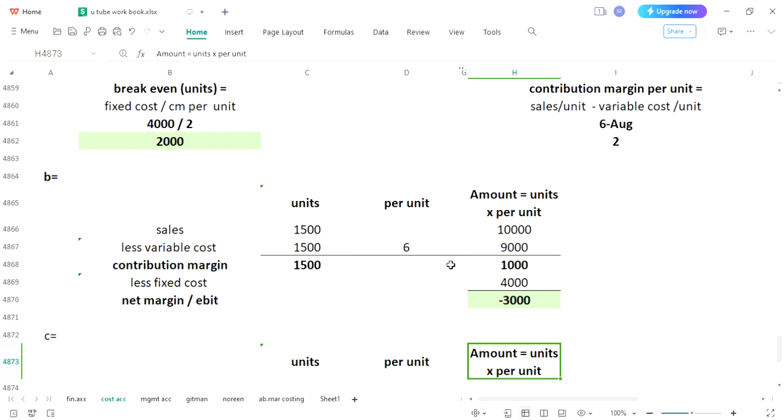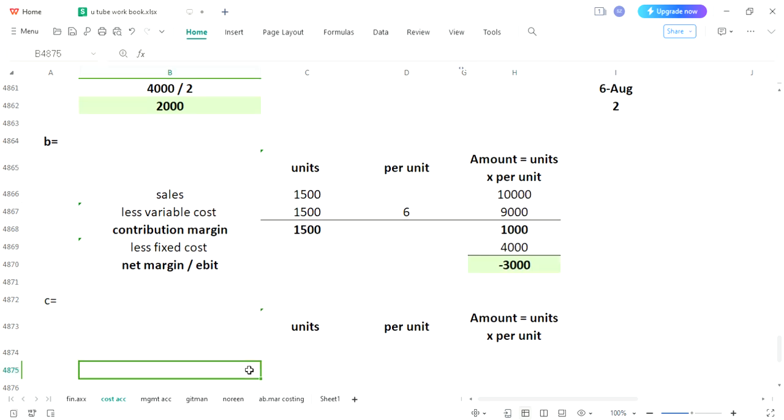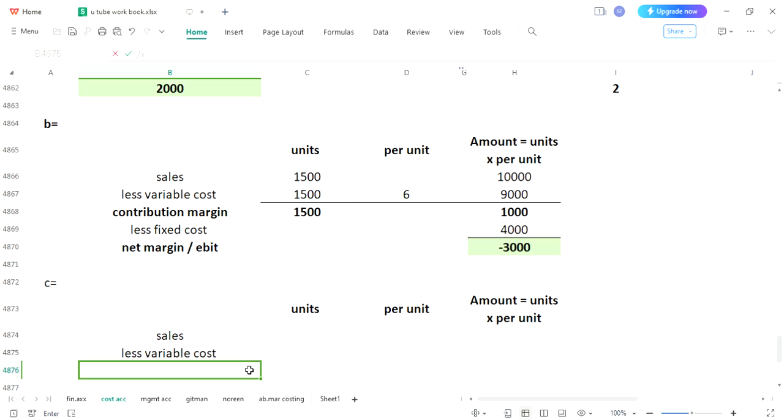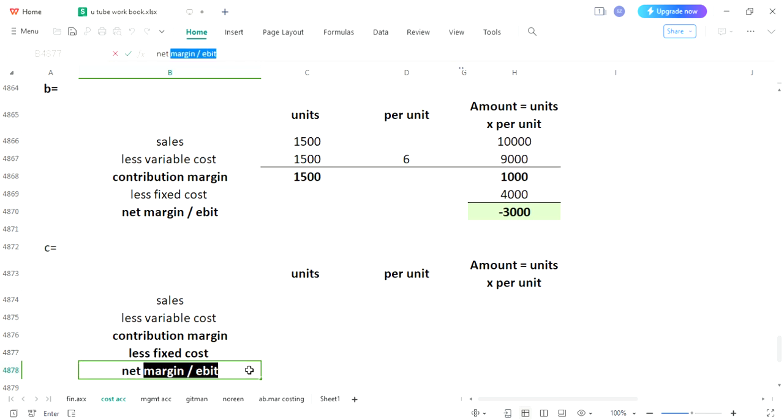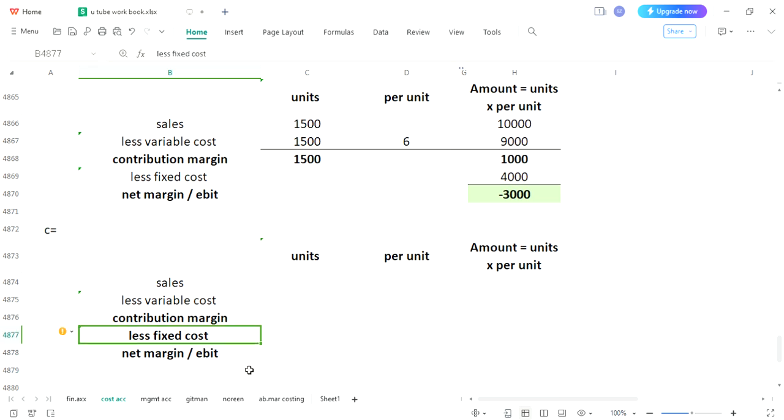Total amount would be calculated, and from here you will start your contribution margin format income statement. First you will write sales, and then you will subtract your variable cost. You will get contribution margin, and then you will subtract your fixed costs, with which you will get your net margin. And you know net margin is earning before interest and tax.